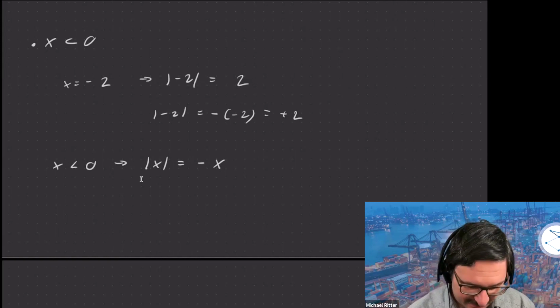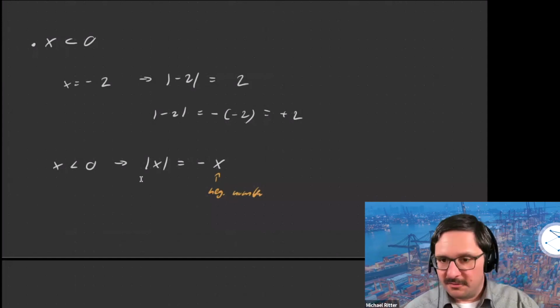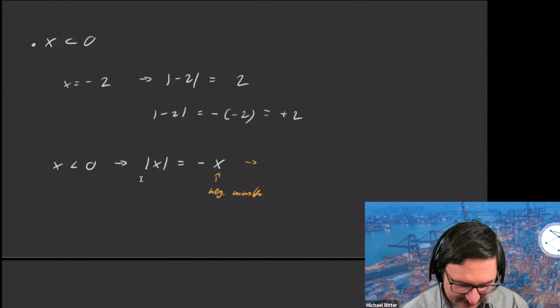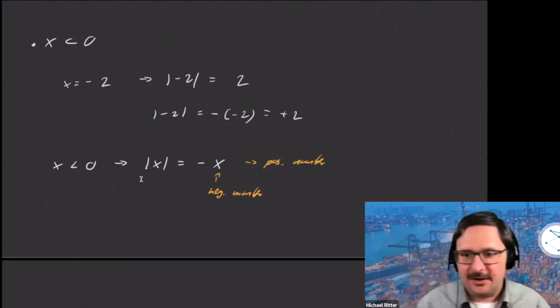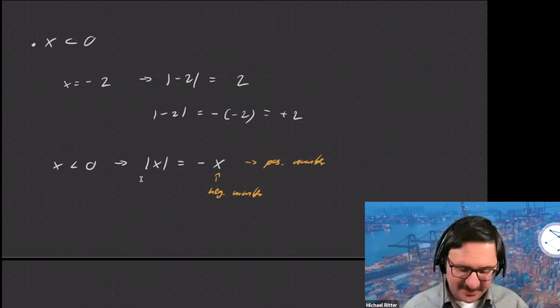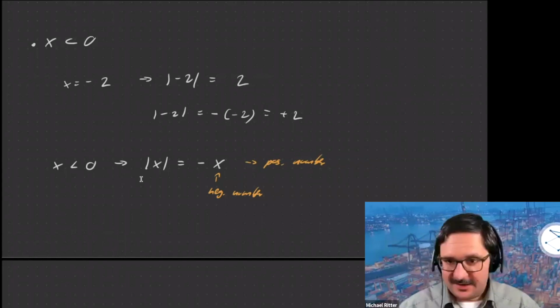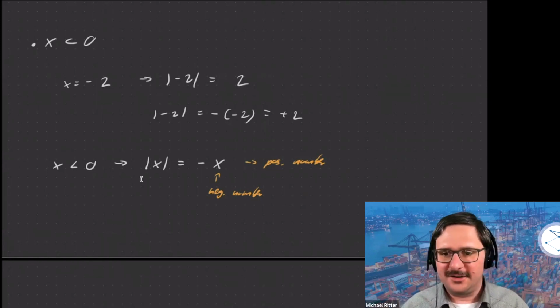So this is a negative number, and a negative number times minus, so minus a negative number, is then a positive number. And that's why this transformation is allowed, right? What I'm doing here is adding the minus sign to make this negative number positive again, and that is then, of course, the absolute value. I hope that clarifies this idea.